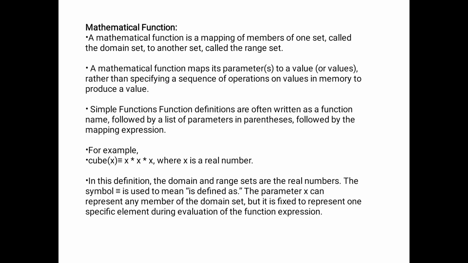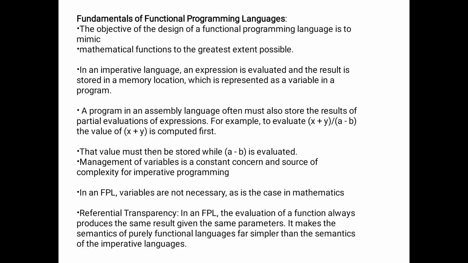The symbol is used to mean "is defined as". The parameter x can represent any member of the domain set, but it is fixed to represent one specific element during evaluation of the function expression.